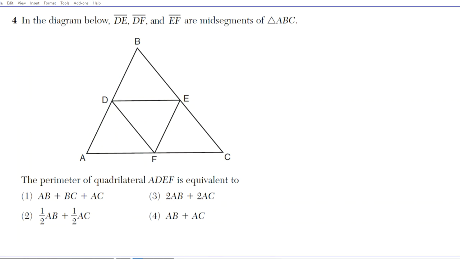Okay, so the first thing that we're going to write down is the theorem concerning the mid-segment of triangles. Okay, so let's write that down real quick. So, theorem for mid-segment of triangles. Now, if you have a mid-segment, there's a special relationship between a mid-segment and the third side.